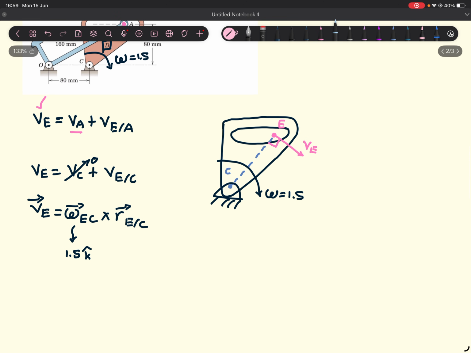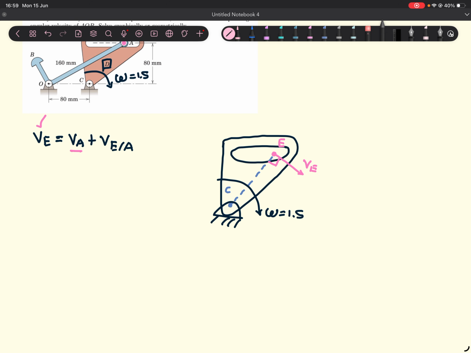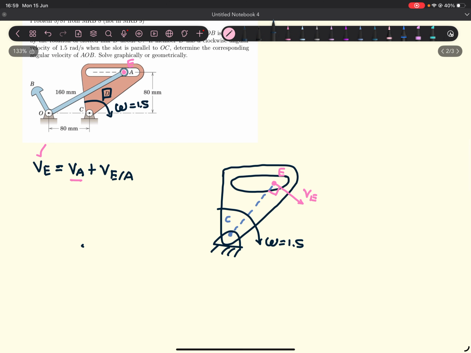So just next to that diagram, I'm going to draw O and A, right? I can draw this, but it's not really going to make that much of a difference, right?